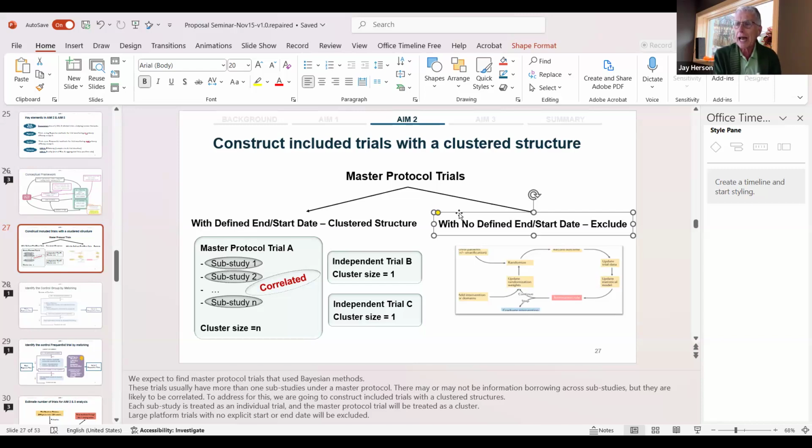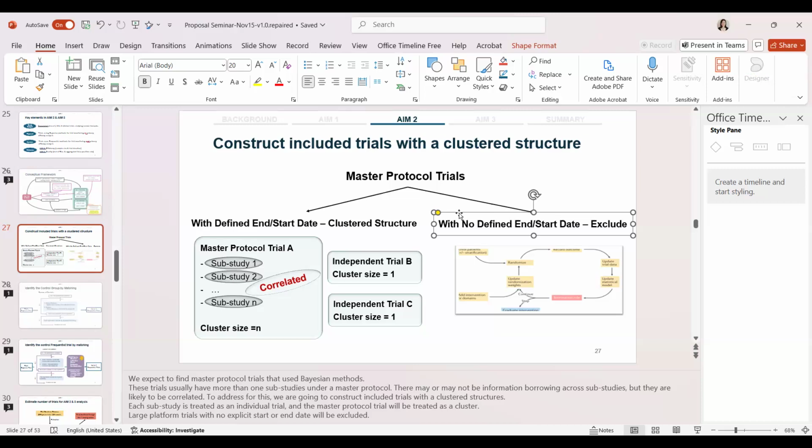If it's I-SPY 2 that you're thinking of, or any of these basket trials that use Bayes, they're very good for, at least in oncology, and it's very important to have them, but I don't think it fits what you are doing, or that it will be easy for you to do what you want to do. I would just stick with the more conventional trials.